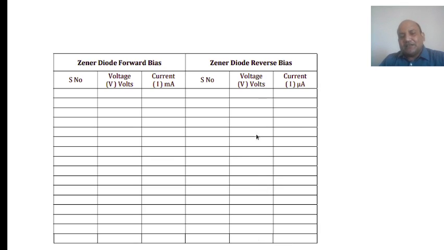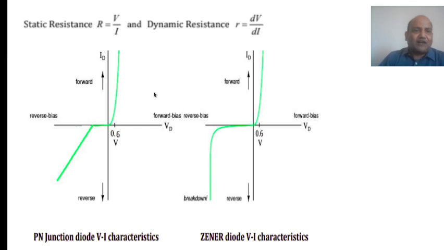That point, where the zener diode maintains a constant voltage across the junction while the current increases, is called the breakdown voltage. So this is the expected graph.